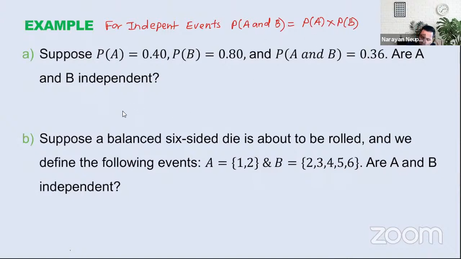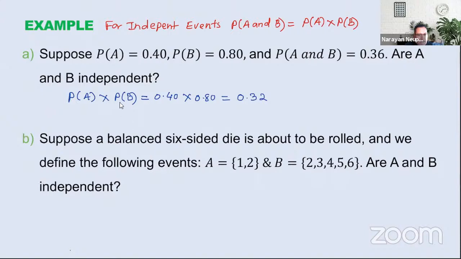So if you look at the first one, let's find probability of A times probability of B. Probability of A is given here, 0.40, and probability of B is 0.80. If we multiply, this is 0.32.